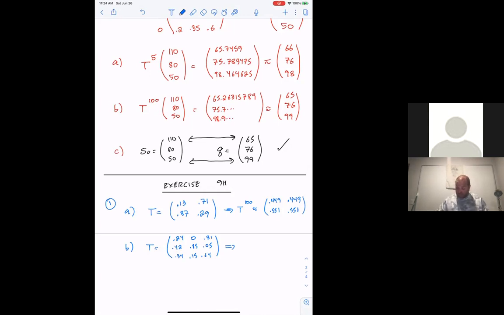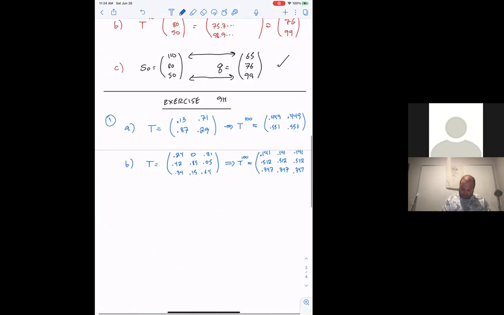So I put it in, and now I'm going to do this to the 100th power, and T to the 100 is approximately, looks like I have steady state, 0.141, 0.512, 0.347, in each of the three columns. Whoops, I'm not sure what I hit there, but okay, that should be steady state, or the long-term probability matrix.